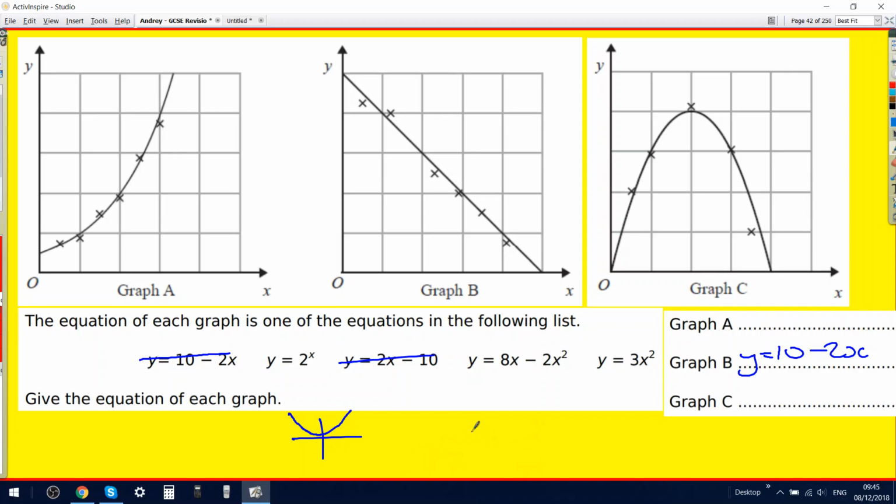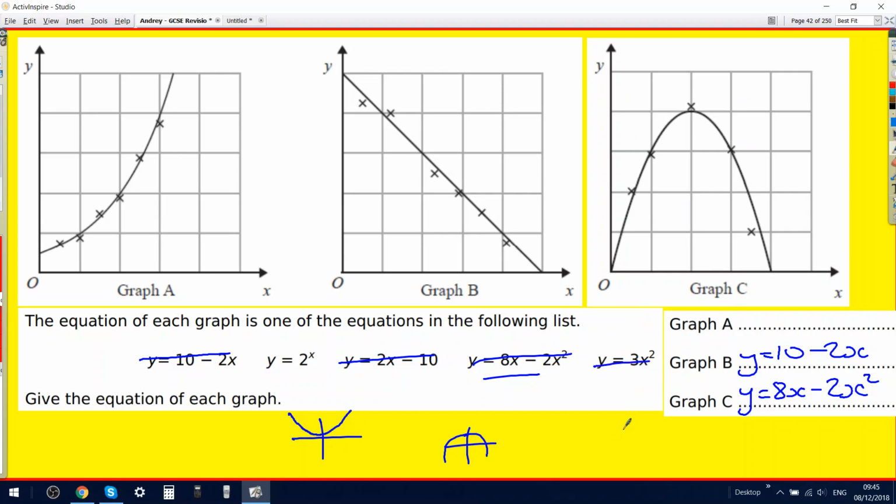Yeah, it's whether the x squared is positive or negative. So there's a minus 2x squared, so would that be graph C? Yes. It's got a minus 2x squared in this case, so it's that one. If it was a 3x squared, it would be a positive one, a U shape.